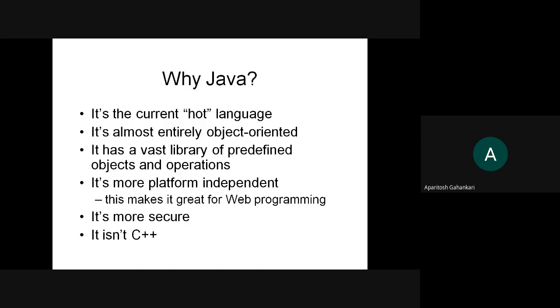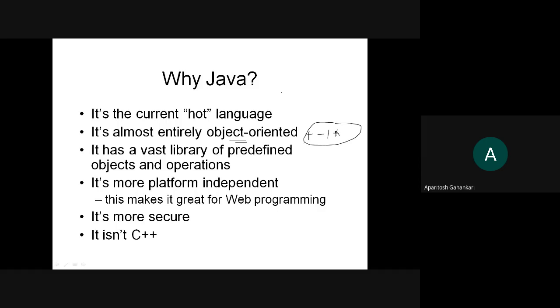Then it is entirely object oriented, almost entirely. Why? Because except the operators, plus, minus, division, multiplication, and the relational operators, everything in Java is an object.